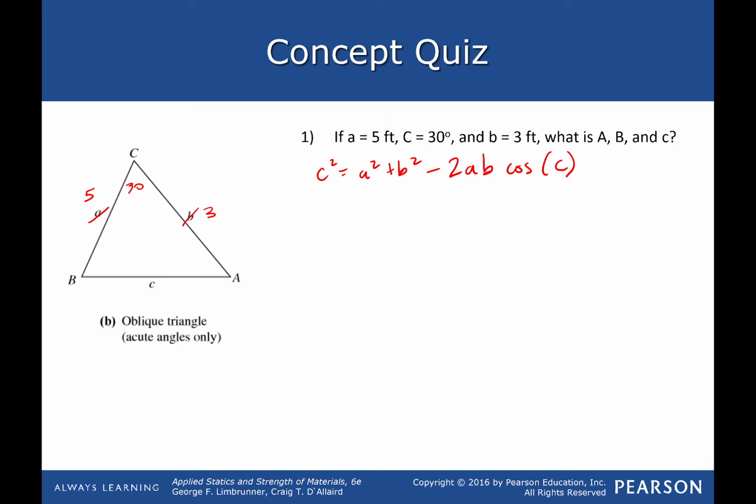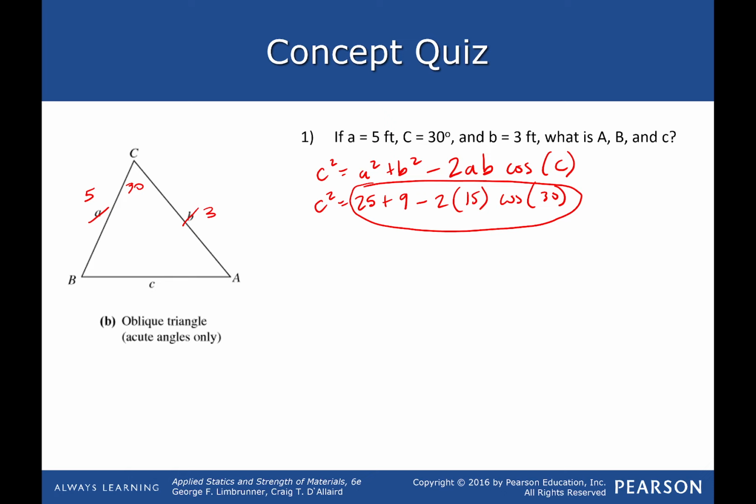So c squared is going to be equal to a squared, which is 25, plus b squared, which is 9, minus 2 times 3 times 5, which is 15, cosine of 30. Okay? Now I'm going to plug this whole portion into my calculator and see what I get. So 25 plus 9 minus 30 times cosine of 30.